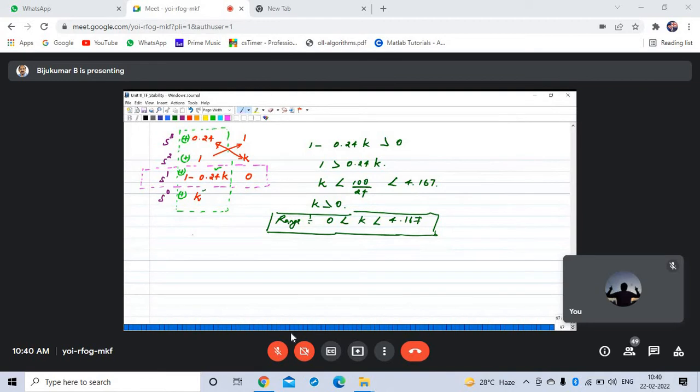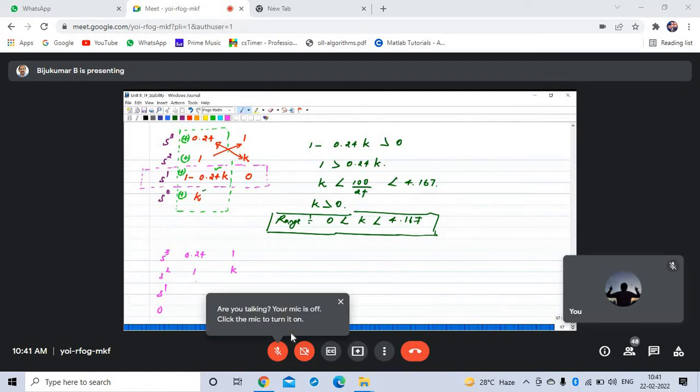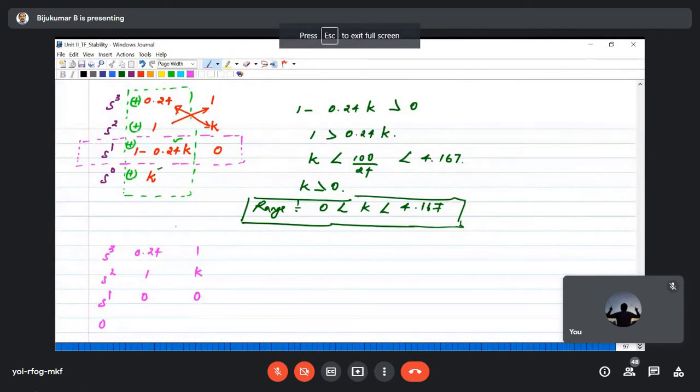So how can we form that? Set this value as 0. Yes, I will rewrite this again. s cube, s square, s power 1, s power 0: first column 0.24, 1, 1, K. If I take 1 minus 0.24K as 0, what will happen? The entire row element becomes 0, right?